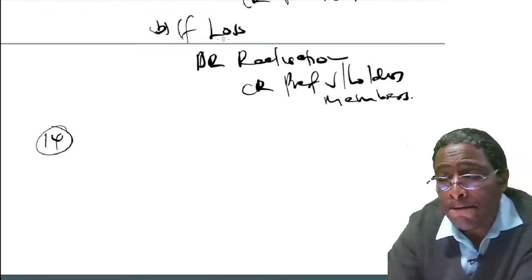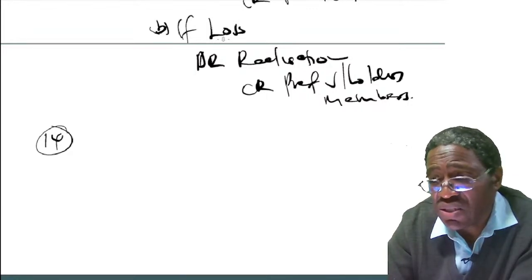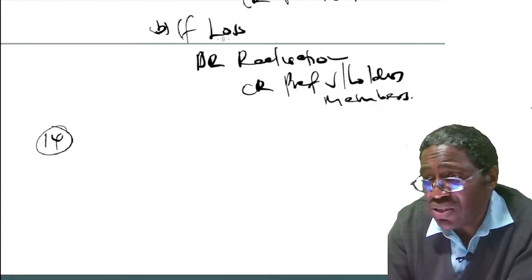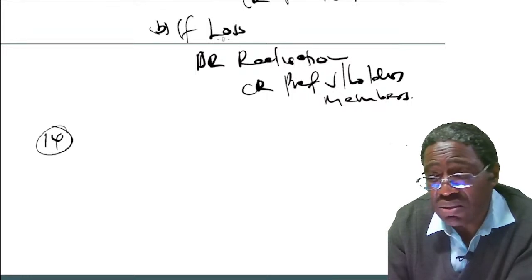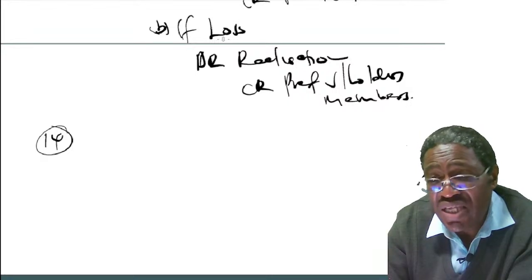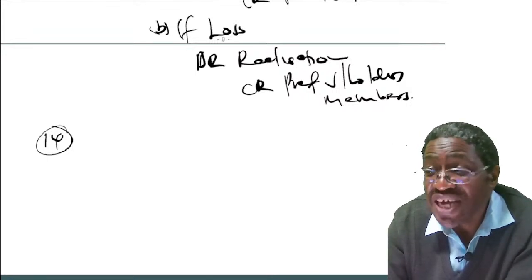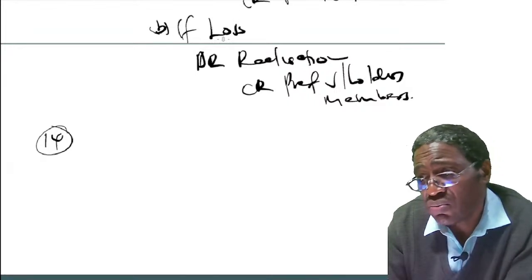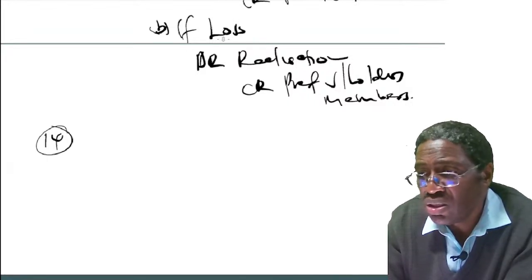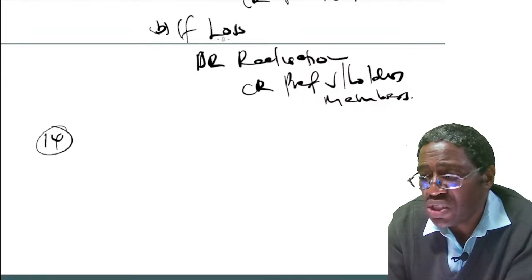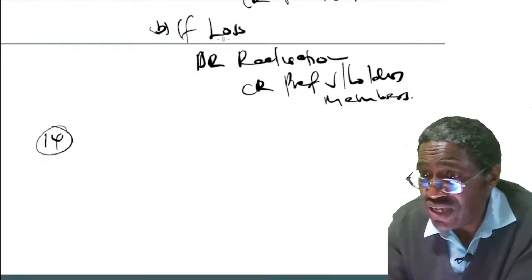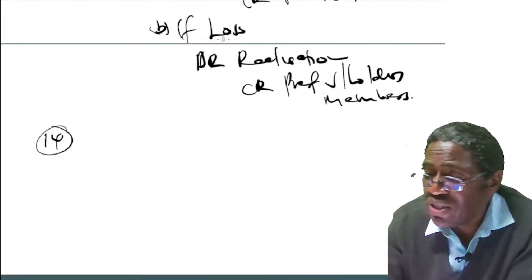Number 14, say this: with the balance in the realization account being either a gain or loss on realization, transferred to the ordinary shareholders members.